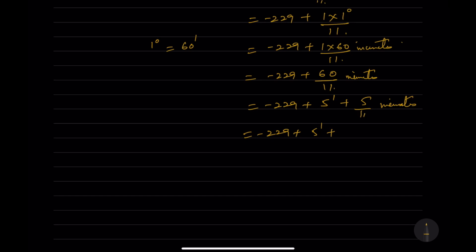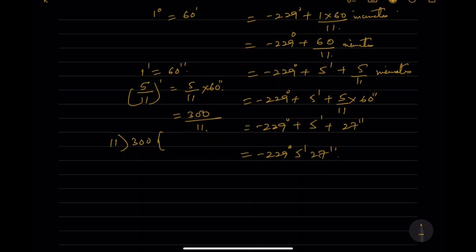You know that 1 minute is equal to 60 seconds, so 5 by 11 minutes is equal to 5 by 11 into 60. 11 2s are 22, 11 7s are 77, we're getting a remainder of 3, so we can take it as 27 seconds.